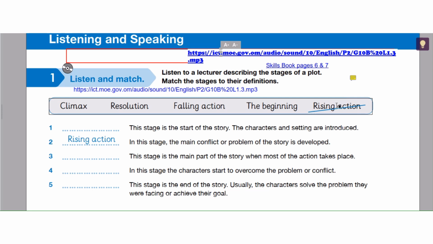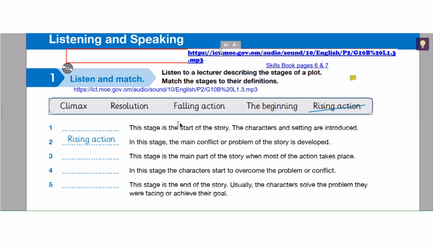Good morning, class. Today, in our creative writing lesson, I'm going to talk about the structure or plot of a story. Every story needs a plot. The plot is the sequence of the events in a story. A plot has several different stages.